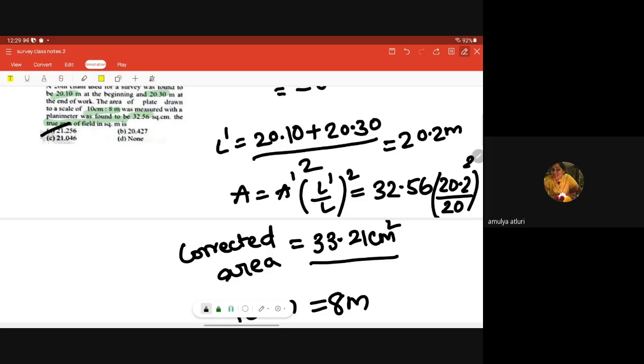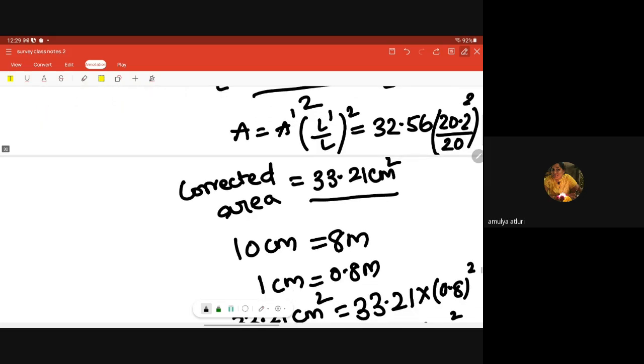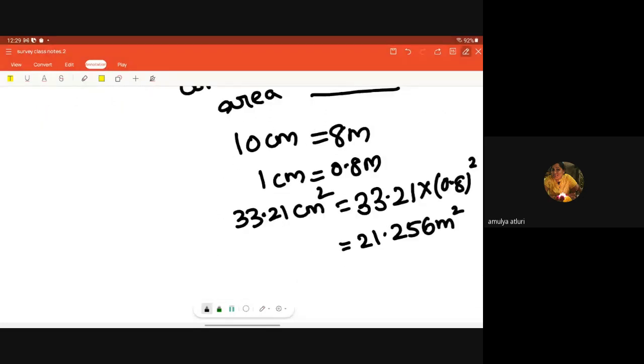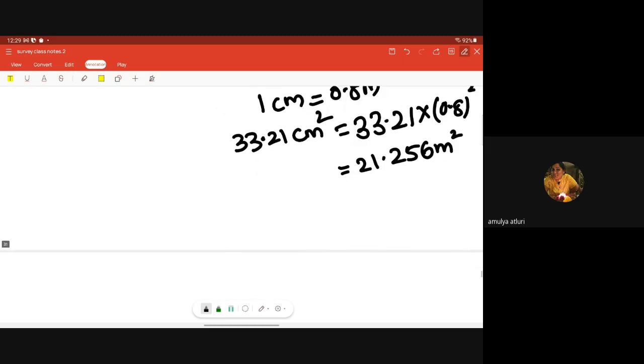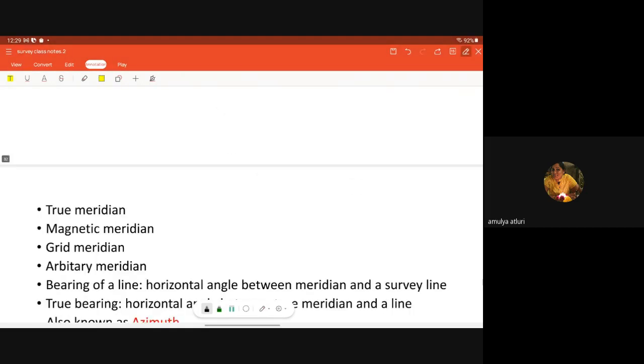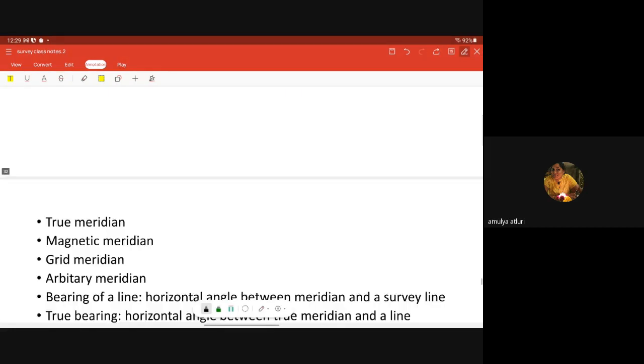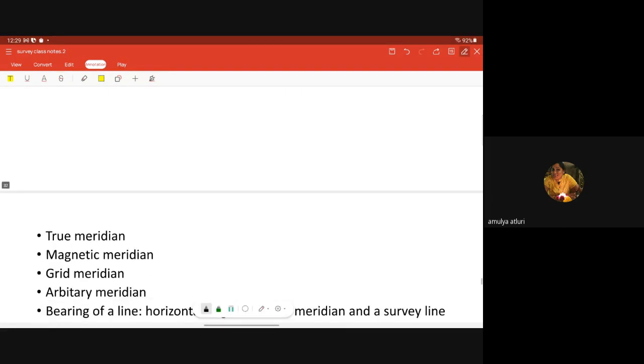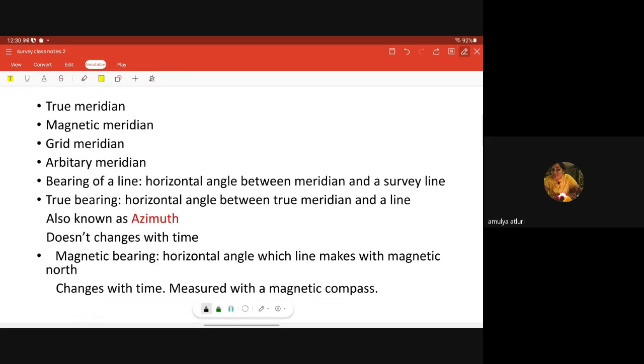After that, I have calculated the corrected area using the formula, and with the scale we have converted the true area into square meters. So here ends your first part, that means the linear measurement part here ends.